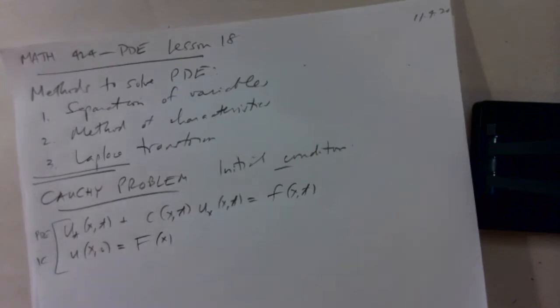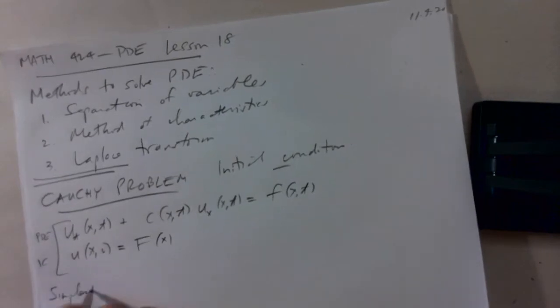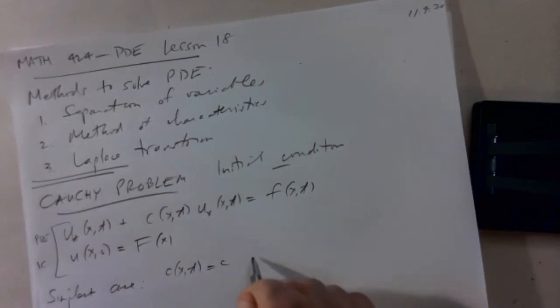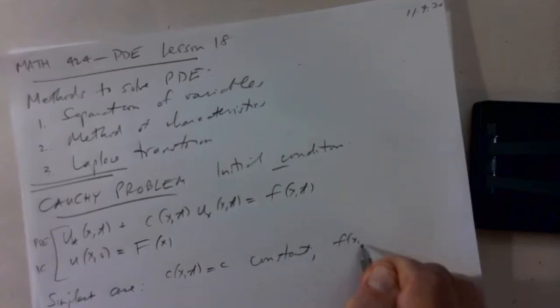And the simplest case is when c of x,t equals c, a constant, and f of x,t is 0.